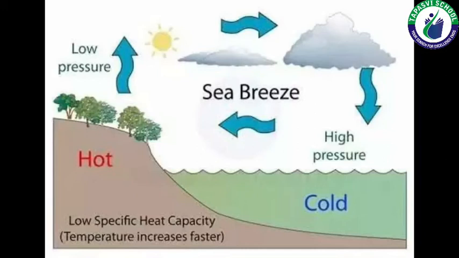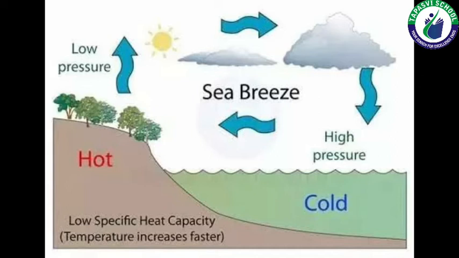During the day, the land gets heated faster than the water. The air over the land becomes hot and rises up, as you can see in the picture. The cooler air from the sea rushes in towards the land to take its place.